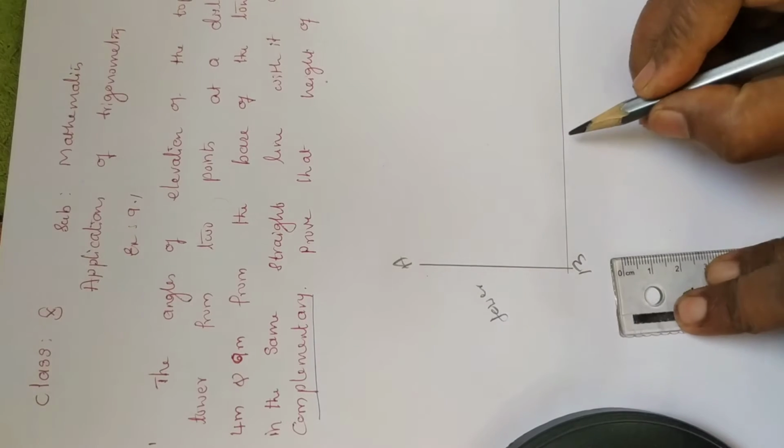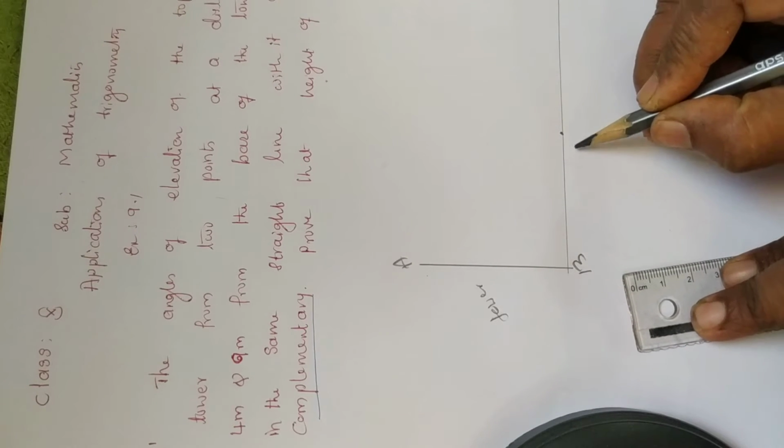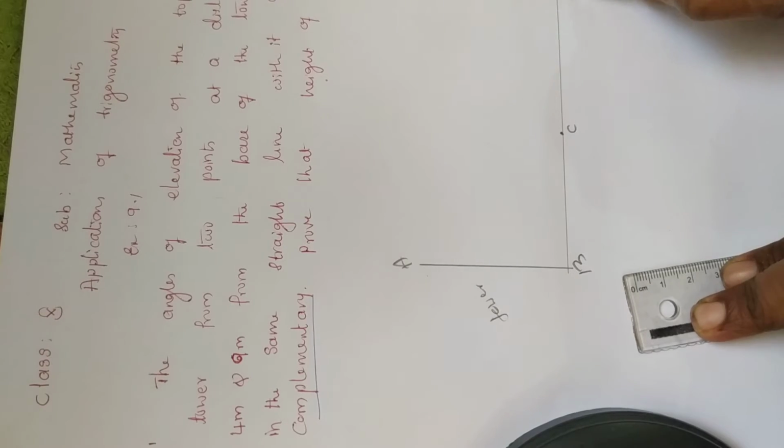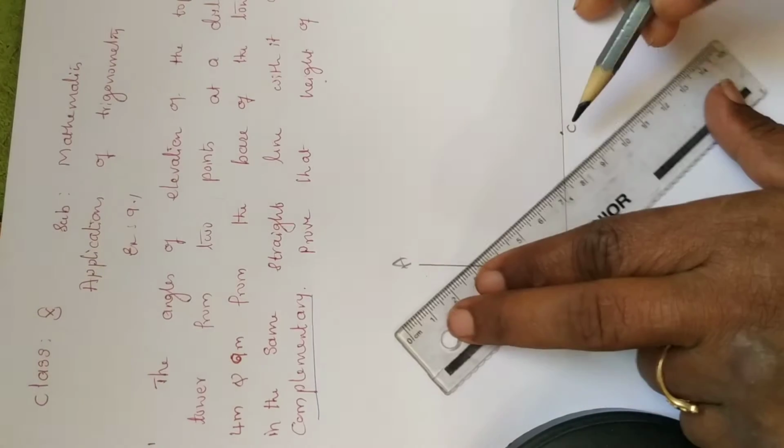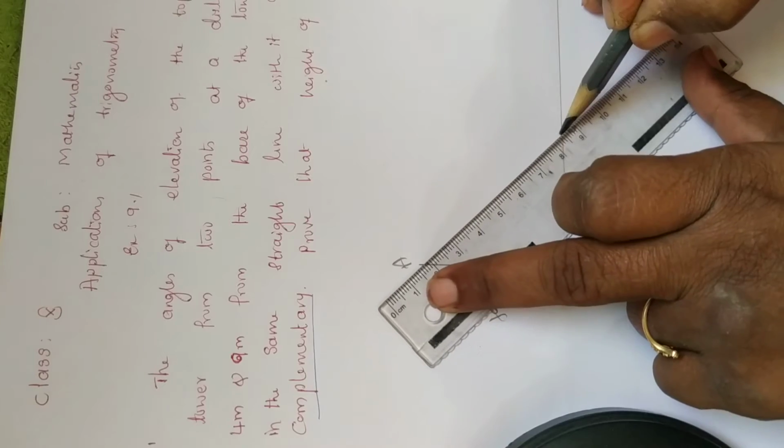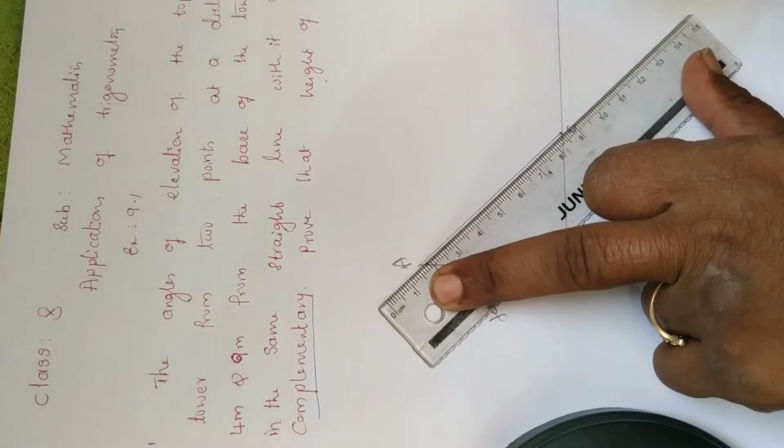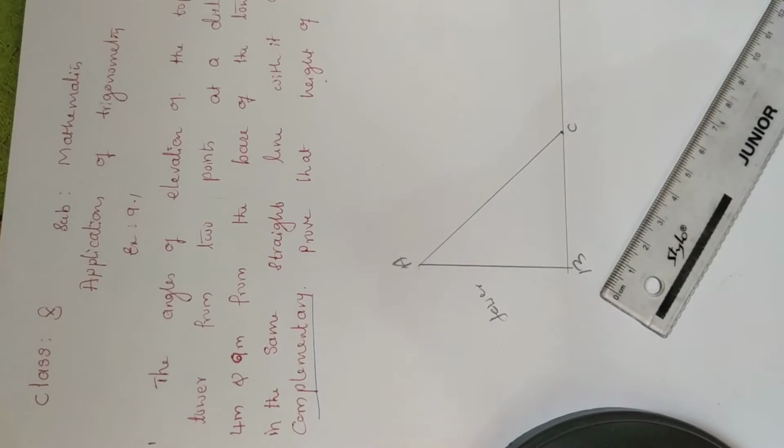And the next one, let me consider C and D as the 2 points. The angles of elevation to the top of the tower are complementary.